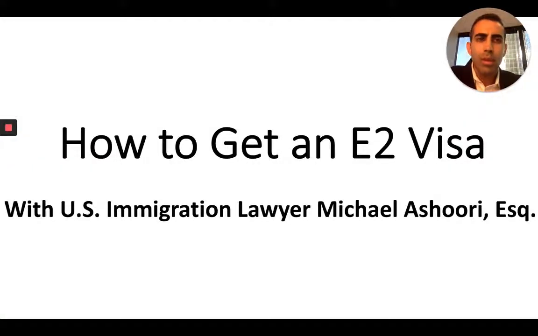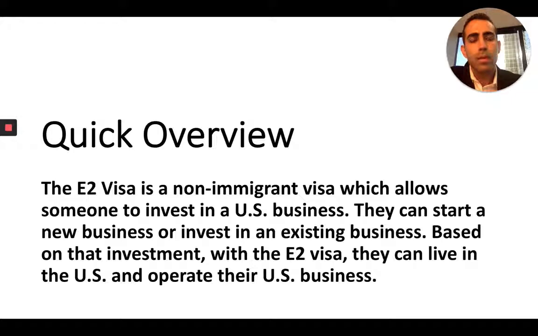Immigration lawyer Michael Ashoori, and in today's video, I want to talk about how to get an E2 visa. The E2 visa is an amazing option for investors and entrepreneurs, and to get started, we'll go through a quick overview about what the E2 visa is. Basically, the E2 visa is a special non-immigrant visa which allows someone to invest in a U.S. business.